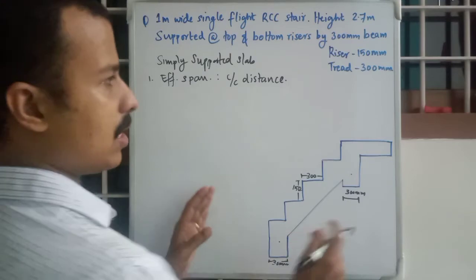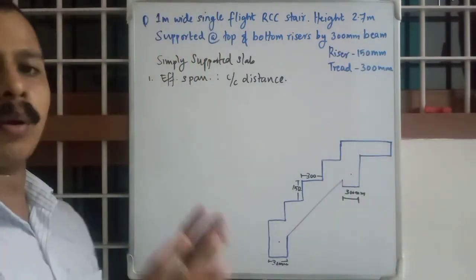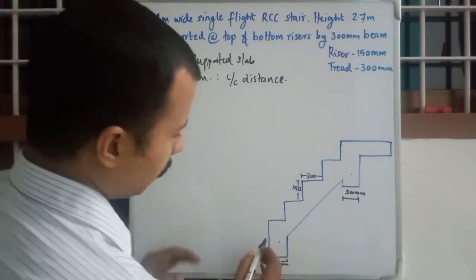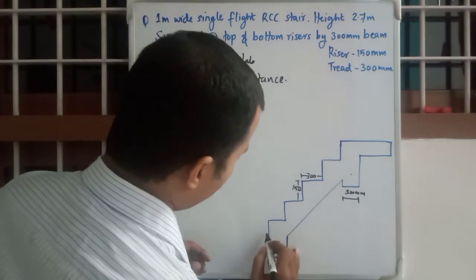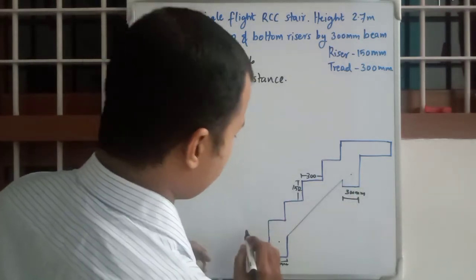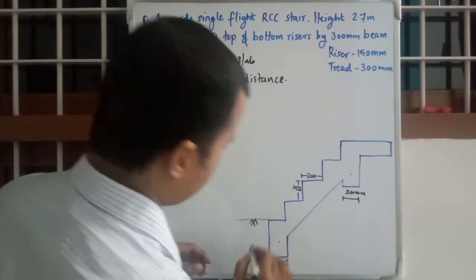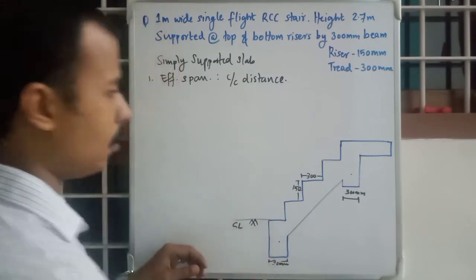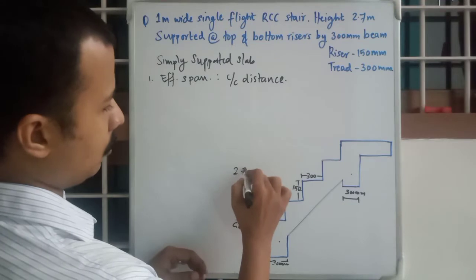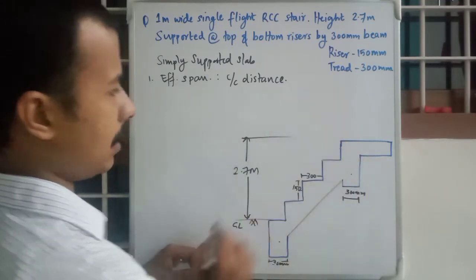With these dimensions and 2.7 height, you need to calculate the number of risers and number of threads. This will be the level of ground, or floor level, and you will be ascending from here. This height is 2.7 meter.